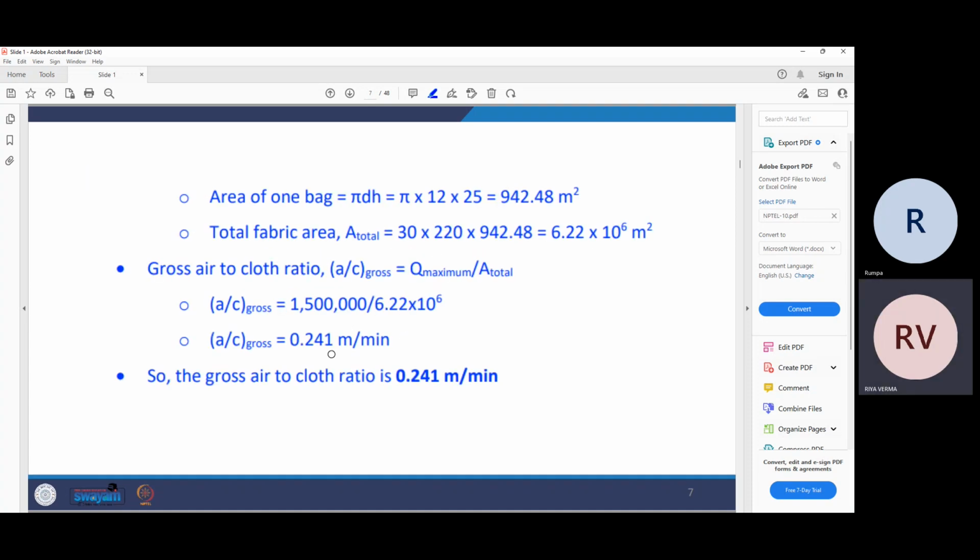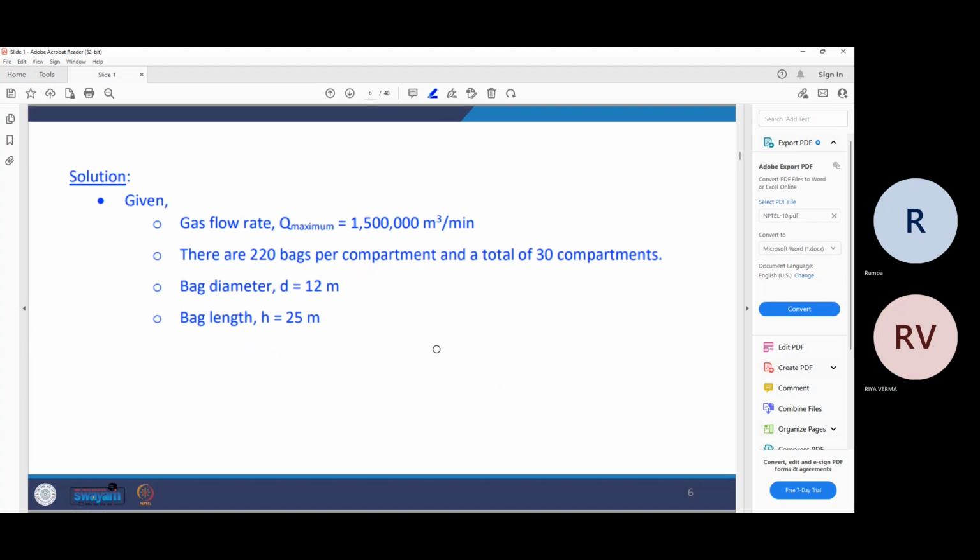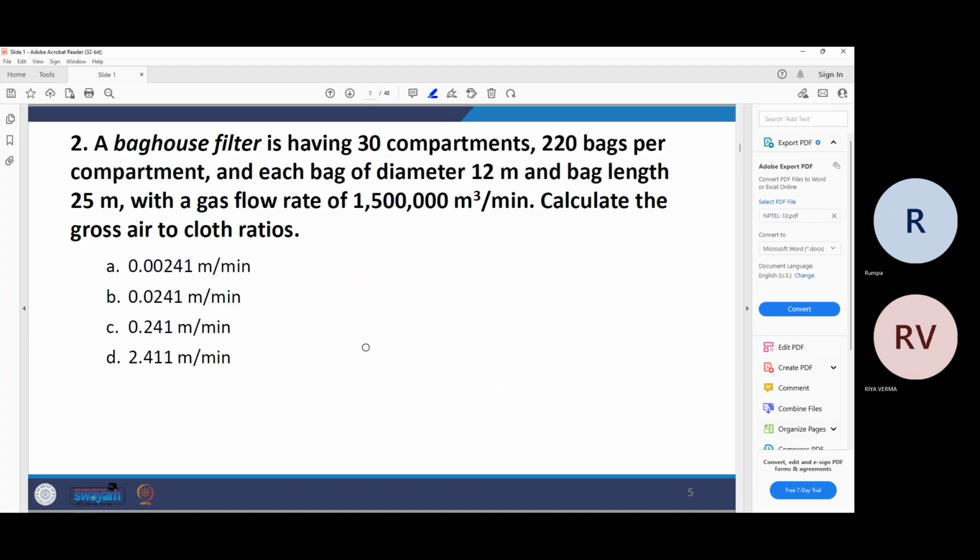So the value will come out to be 0.241 meters per minute. This will be your gross air to cloth ratio. This is the answer now. That is 0.241 meters per minute.